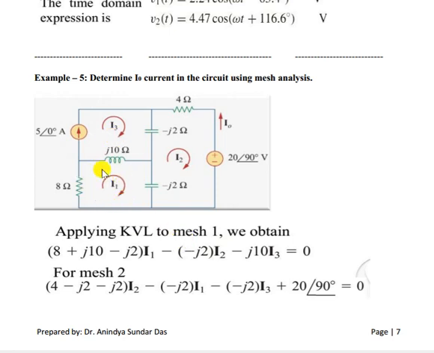for mesh 1, what we have, I1 is flowing through 8 ohm, J10 ohm and minus J2 ohm into I1, minus the voltage drop of minus J2 I2, because here I2 is flowing the opposite way, so minus J2 into I2, again minus J10 I3.